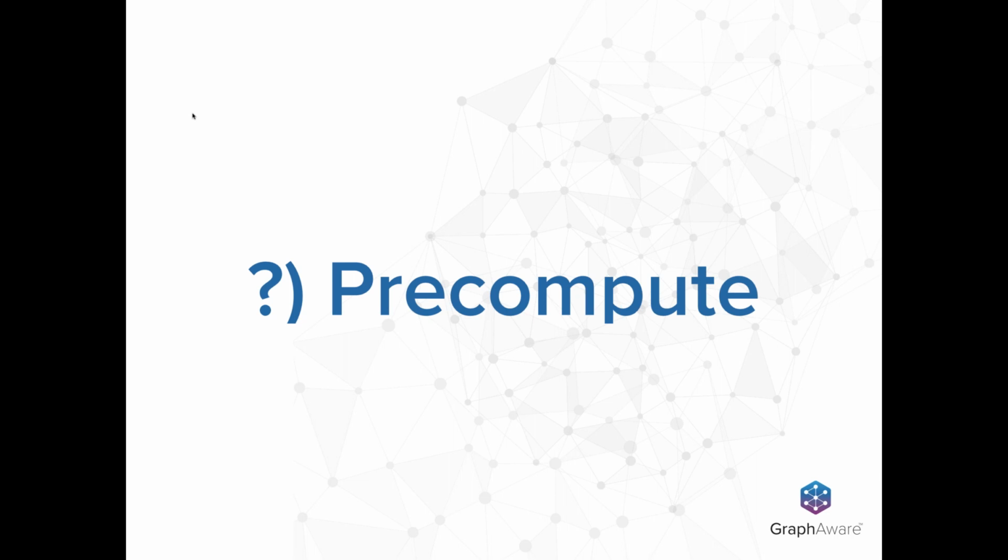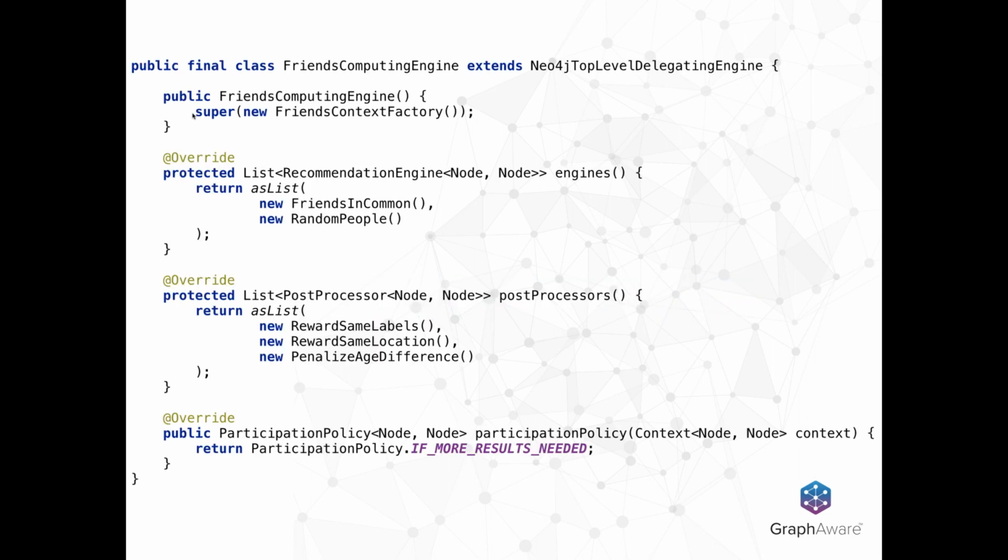And so we'll build relationships between people and their potential recommendations, and we can serve them immediately by just reading them from the database rather than computing them in real time. Of course, applying all the filters and stuff. So this is, again, our friends computing engine that we have seen a minute ago.